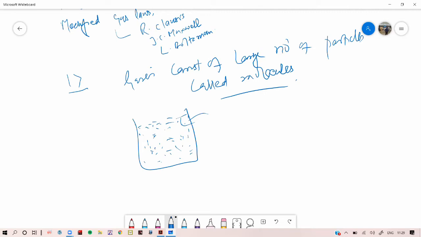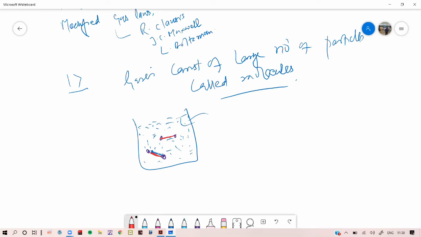That means the size of these particles is small compared to the distance between them. This was another conclusion. So these molecules are small structures as compared to the distances.